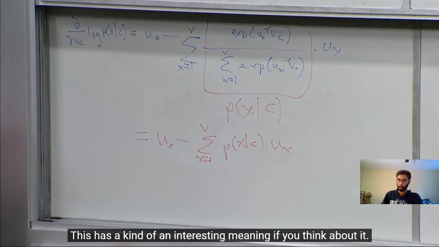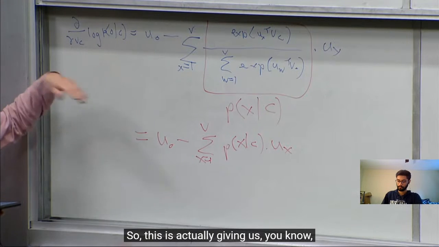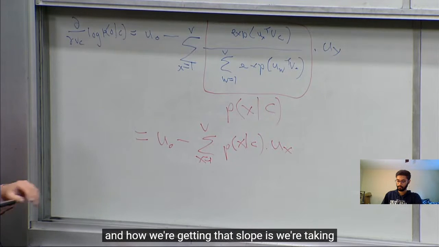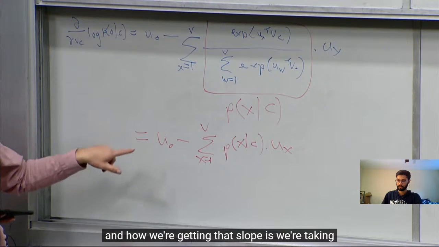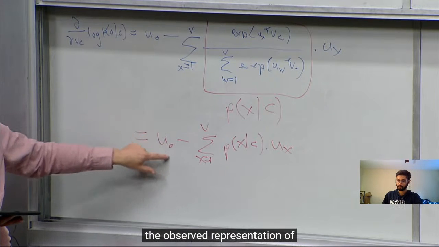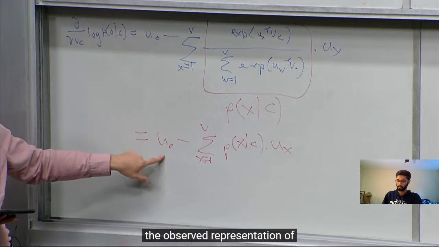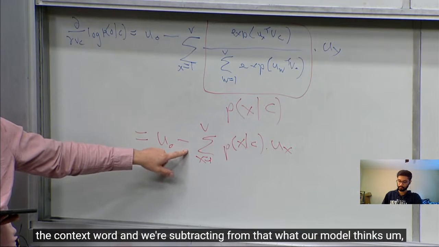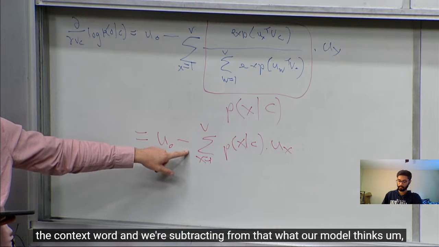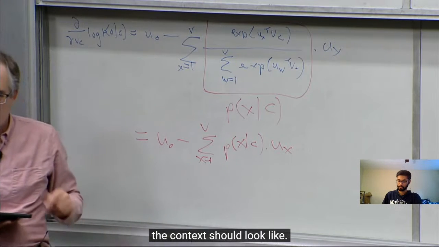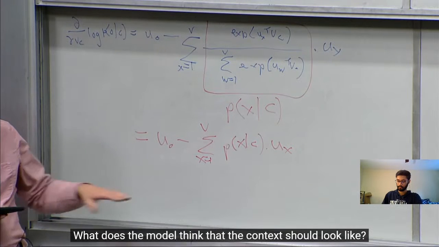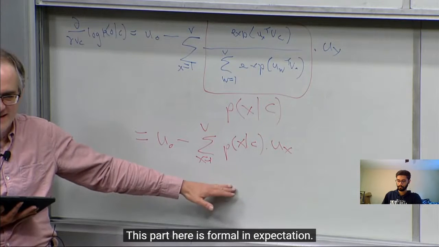And this has an interesting meaning if you think about it. So this is actually giving us our slope in this multidimensional space. And how we're getting that slope is we're taking the observed representation of the context word, and we're subtracting from that what our model thinks the context should look like. And what does the model think that the context should look like? This part here is formally an expectation.